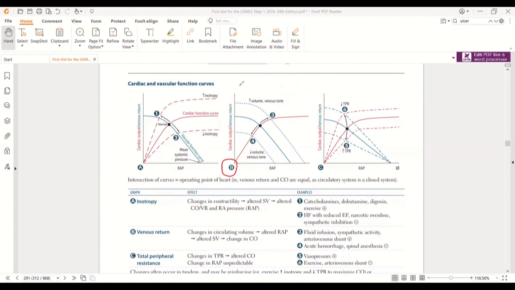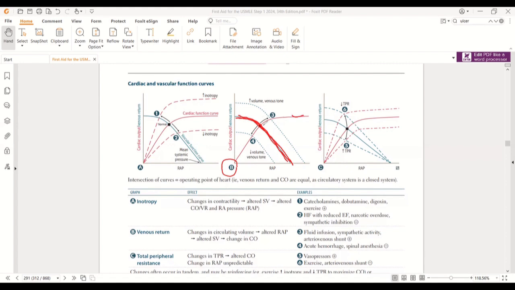Blood transfusion. Fluid infusion. Increased sympathetic activity. AV shunt. So this is the normal vascular function curve, and this is the normal cardiac function curve.